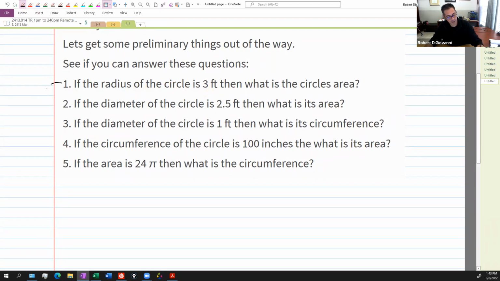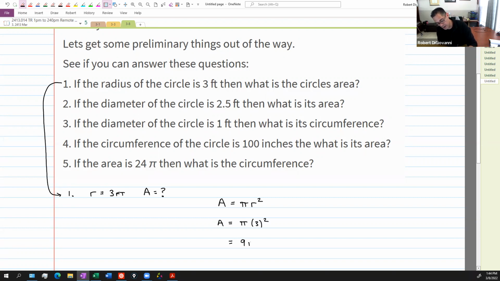So to do number one, I'm giving you that we have a circle and the radius is 3 feet, and I'm asking you for the area. Everyone in here should be comfortable with the idea that the area of a circle is pi times the radius squared. That's a formula you should know. So the area of a circle with radius 3 would be pi times 3 squared, which is 9 pi.